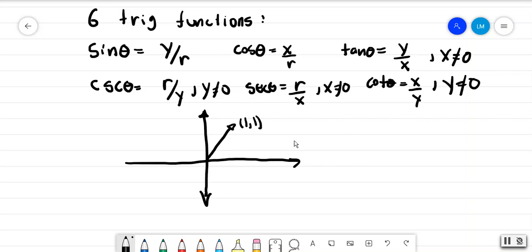In that case, you would have to find r, which would be equal to the square root of 1 squared plus 1 squared, which is equal to the square root of 2.